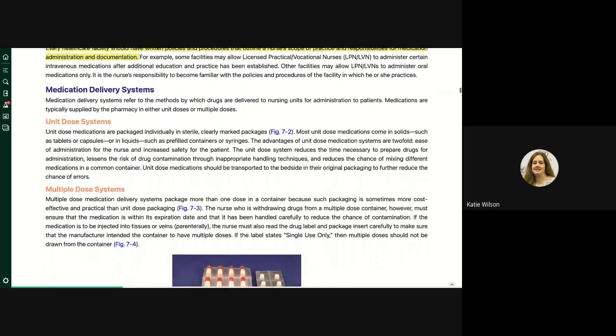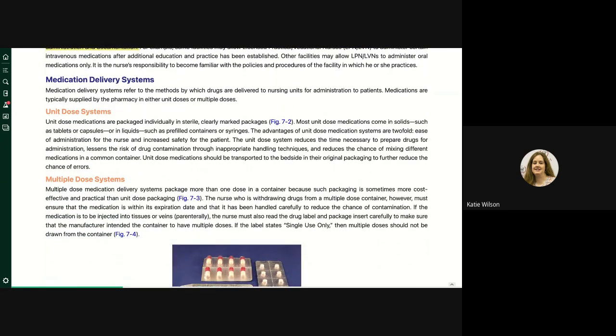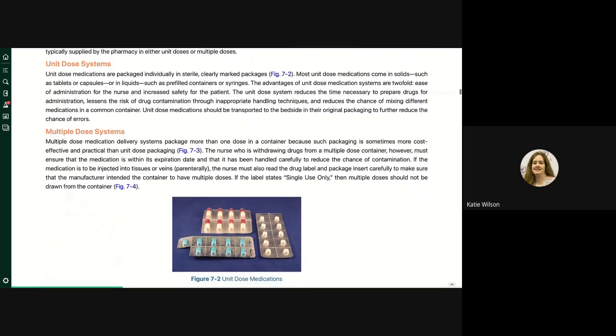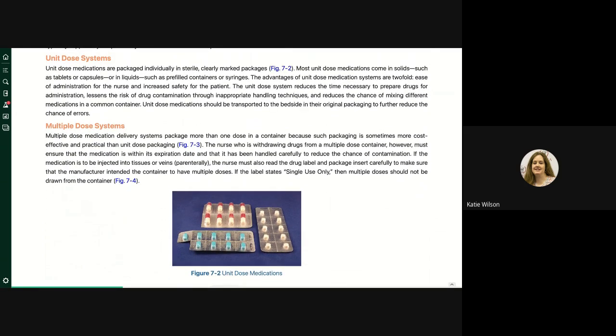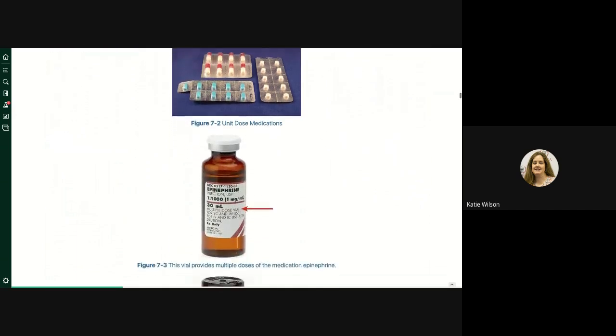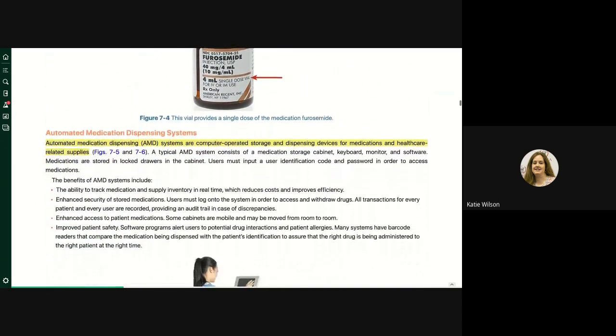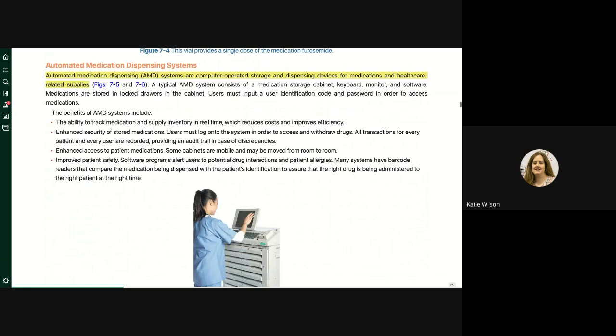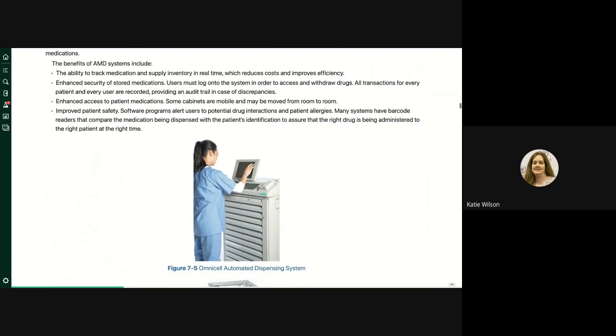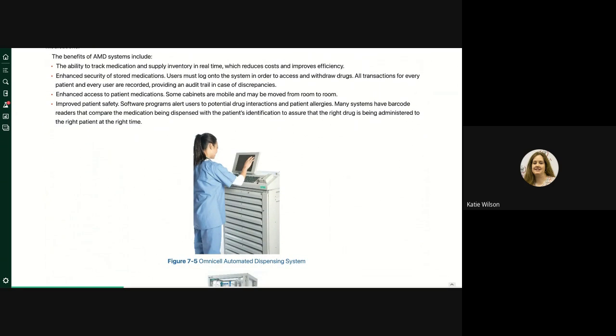So different medication delivery systems, they talk about unit dose systems and multiple dose systems. So you need to make sure, are you dealing with just a unit dose or multiple doses, single use only or multiple use in your medication samples. Automated medication dispensing systems. This picture here, you'll see the woman at an automated medication dispensing system.